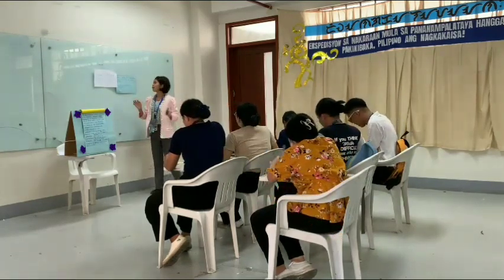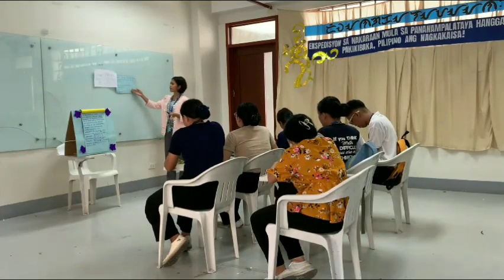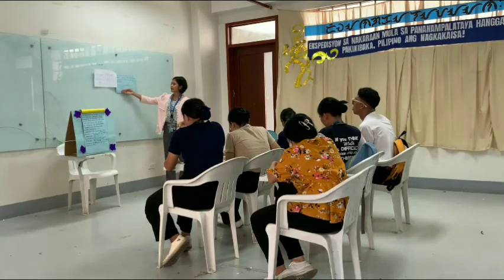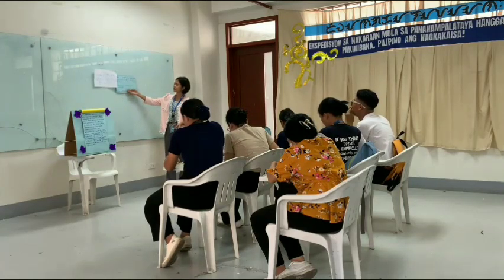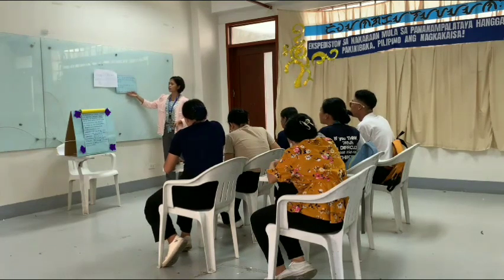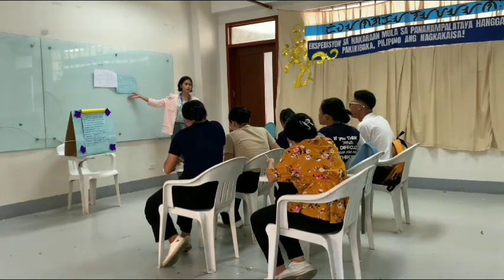Okay. And the next example, what is the mean of the following scores? 15, 19, 19, 18, 17, 13, 12, 10, 18, and 20. Who can solve it on the board?